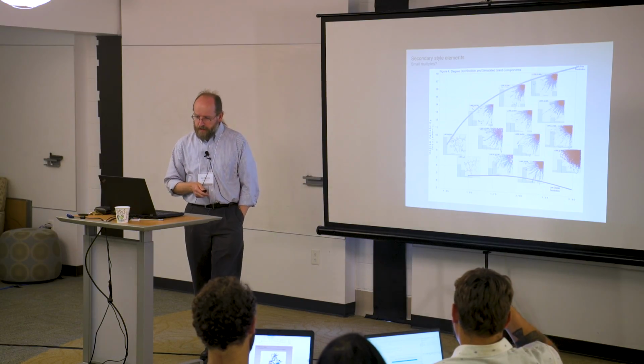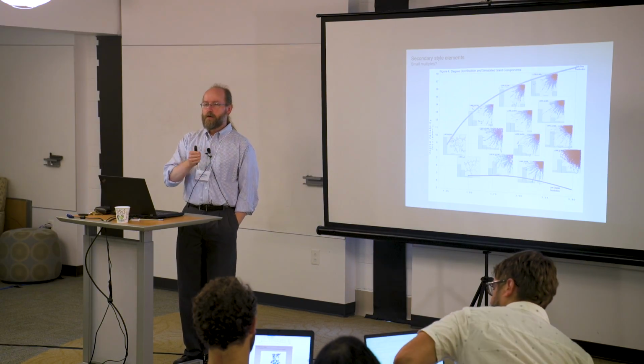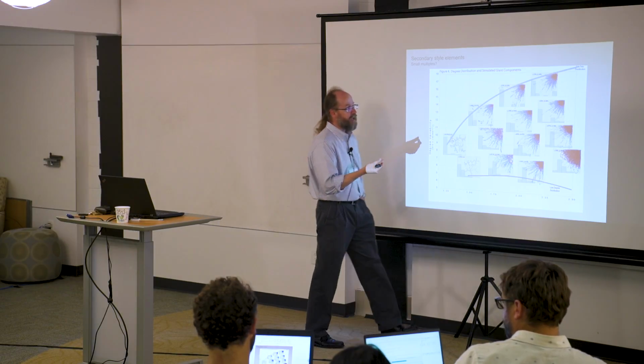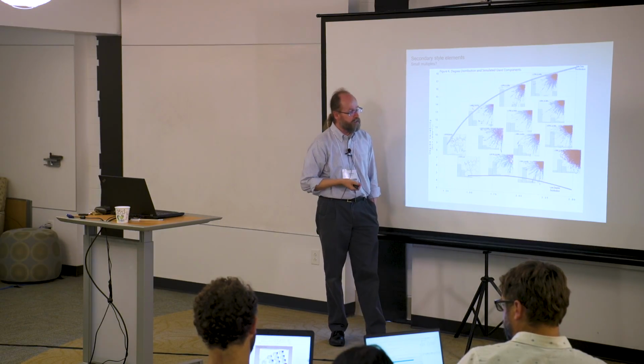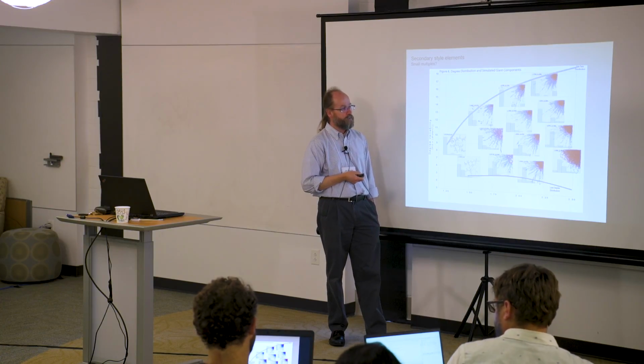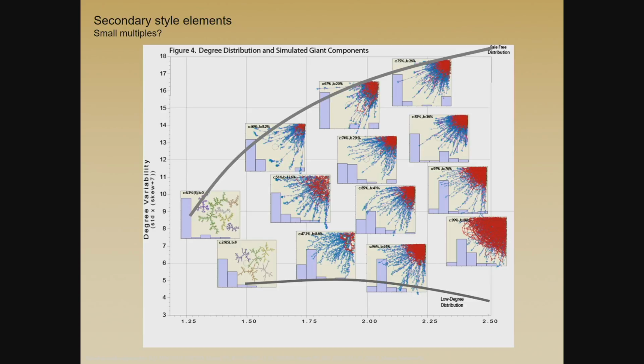Tufte has this really good idea called small multiples, that if I want to compare networks across different sets, what I want to do is take the same sort of thing and repeat it in lots of places. And this is an example that we used in a paper trying to explain differences in disease diffusion potential based on degree distributions. We generated random networks, and we discovered that these networks all had core periphery structures.